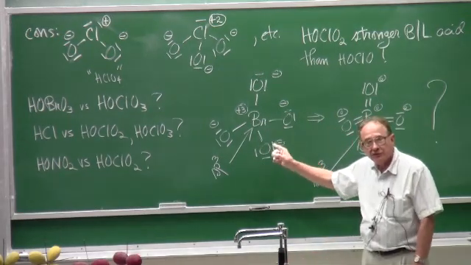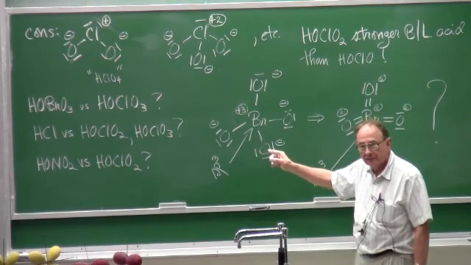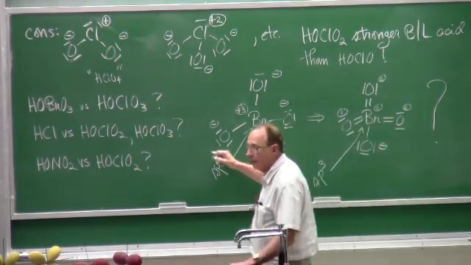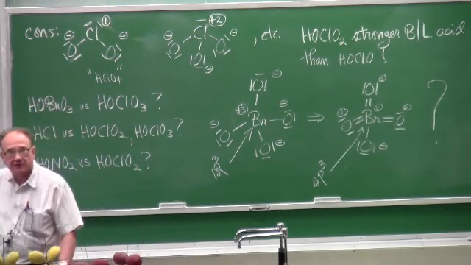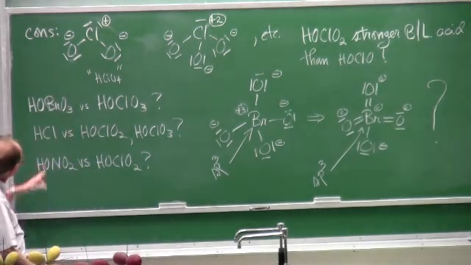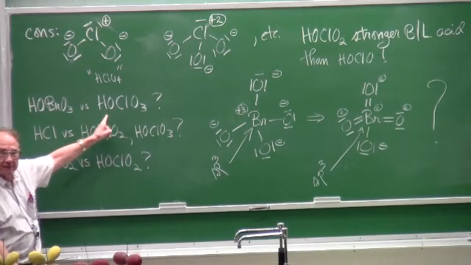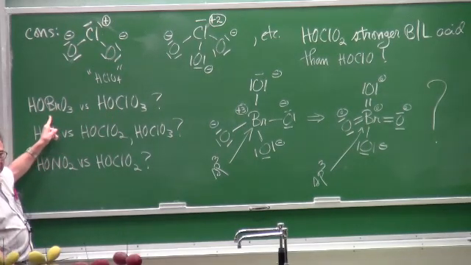Bunch of oxo-oxygens to stabilize negative charge density. Surely that's one of the primary factors why perchloric acid is such a strong acid. How do you think the strength of this compares to this? You think this would be about as strong, perhaps stronger?